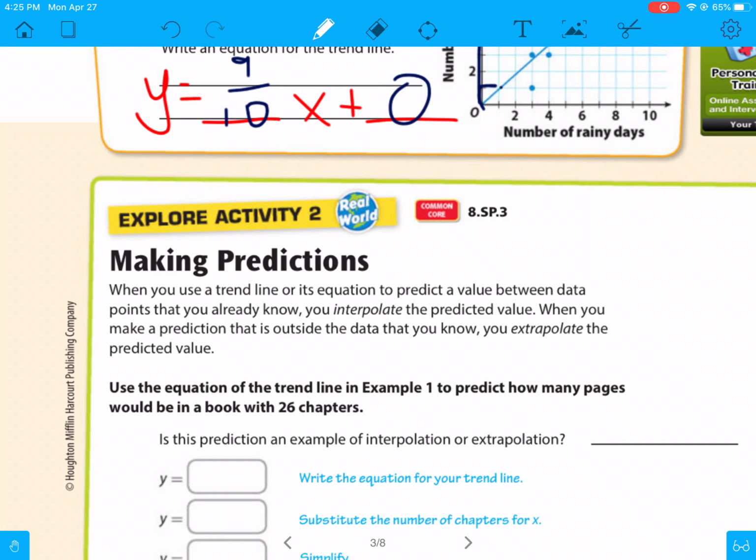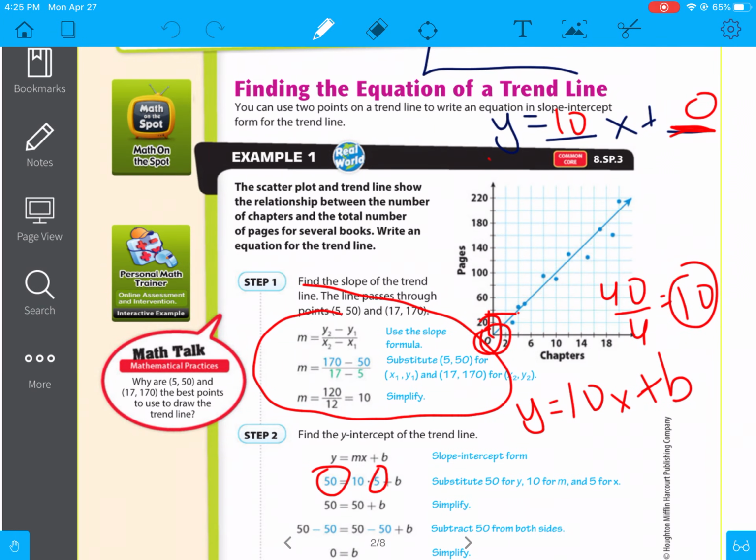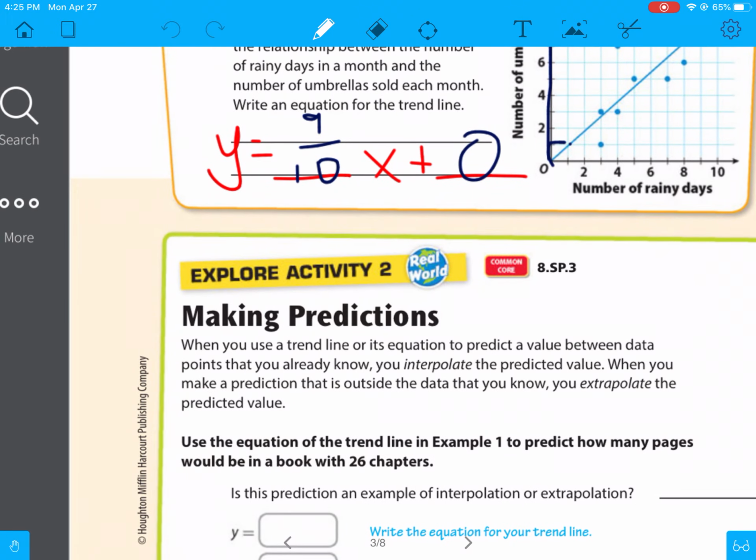For the first one, back in example 1, the data that we have is between 0 and 20 chapters. So if it's between 0 and 20, it's interpolation. And when it's outside the data set, it's extrapolation.